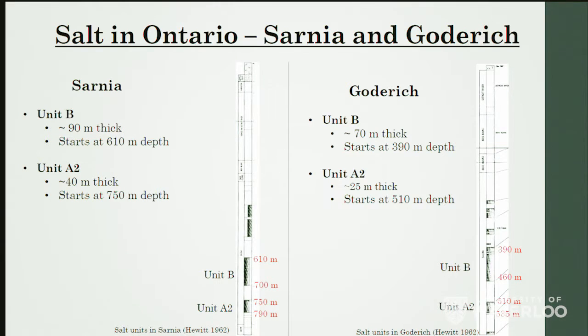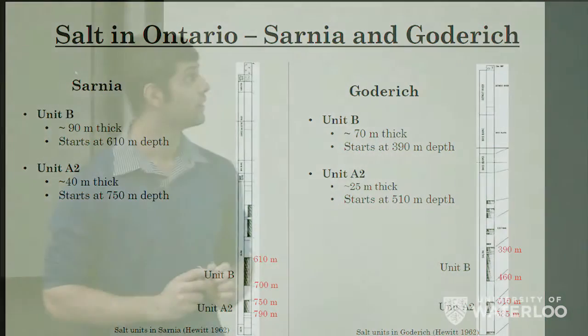Whereas in Goderich, Unit B is 70 meters thick and Unit A2 is only 25 meters thick. As of now, salt caverns exist in Unit B and Unit A2 in Sarnia, and in Goderich there is one solution mine salt cavern made by Sifto Salt or Compass Minerals that exists in Unit B.